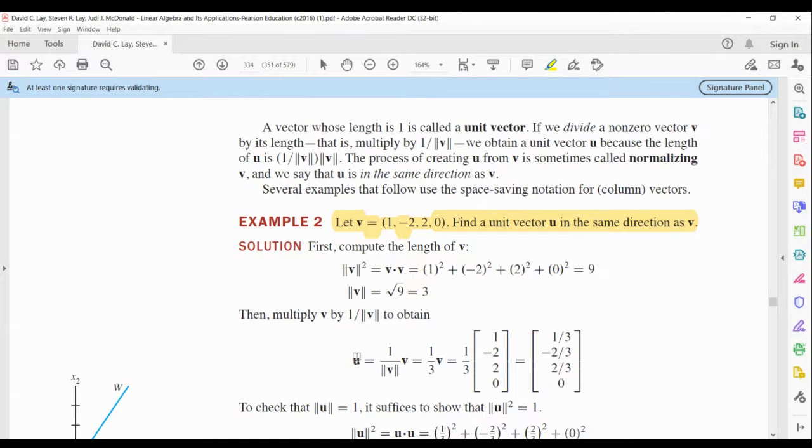That's all we need to do. They do the process here, and so the vector u, which has length 1, has components 1/3, -2/3, 2/3, and 0.